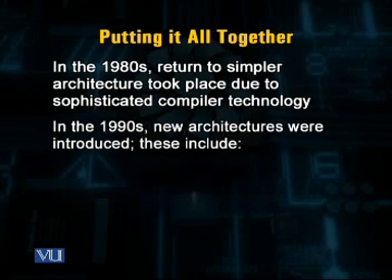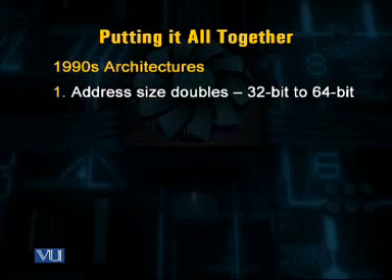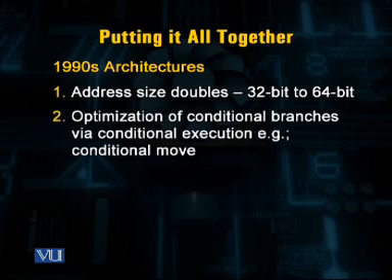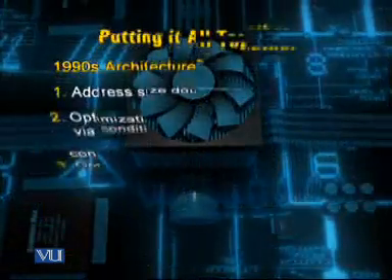These architectures looked into the addressing of double word, that means 32-bit or 64-bit size data, and optimization of conditional branches via conditional execution, that is, the conditional move. Within one instruction, the condition is tested and then the data is transferred from one register to another register or from one memory location to another memory location.